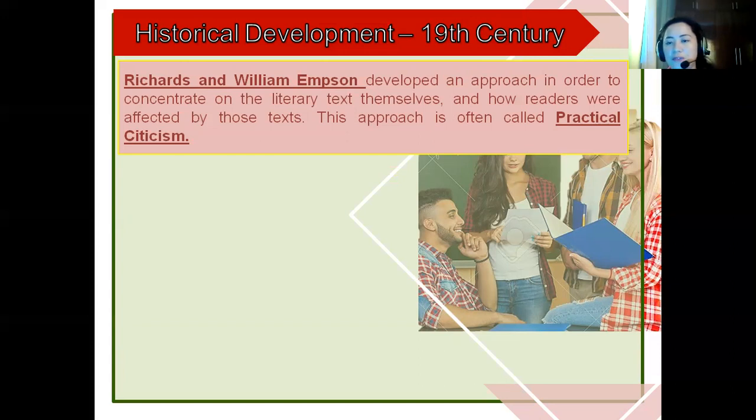So the impact of that literary text to the reader might also be melancholic or sorrowful. The readers will also try to sympathize with the persona of the elegy.